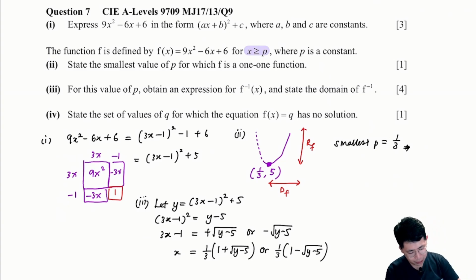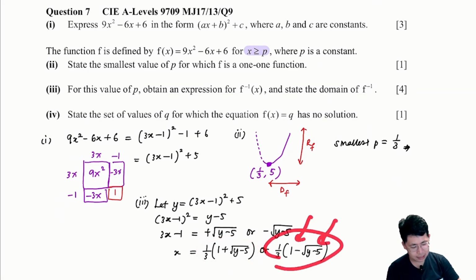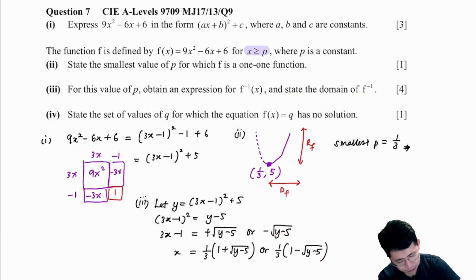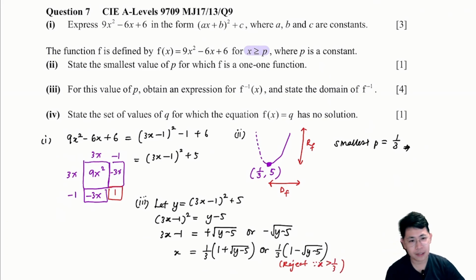The first one is greater than 1/3, while 1 minus this will be less than 1/3. So I'm going to accept this and reject this, because x is greater than or equal to 1/3.